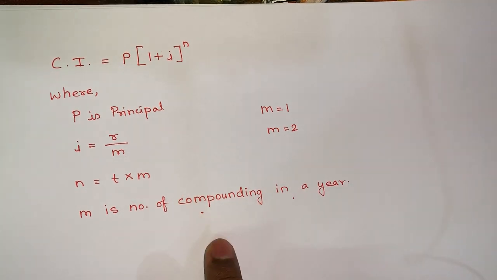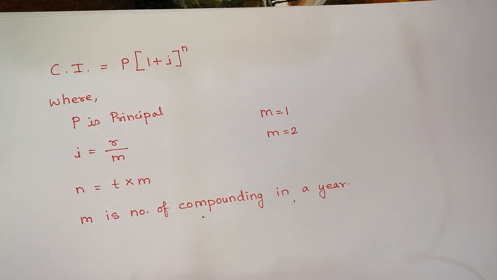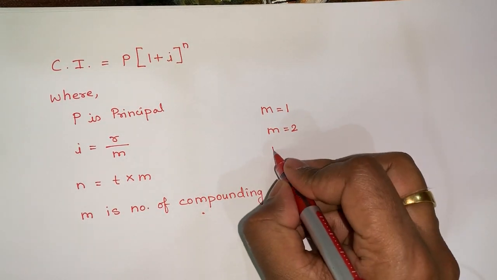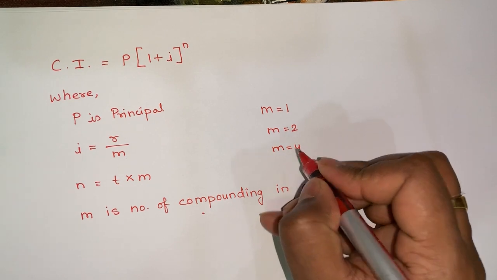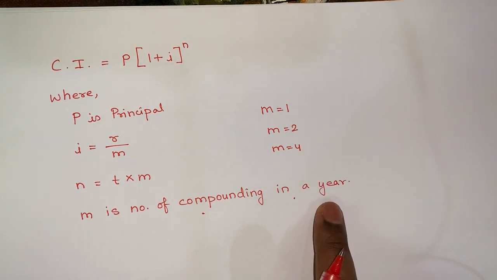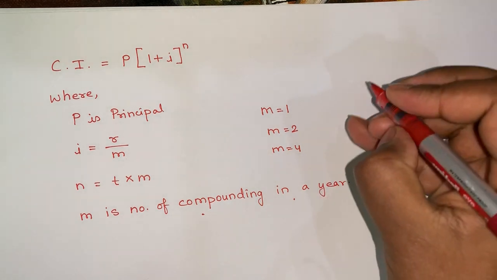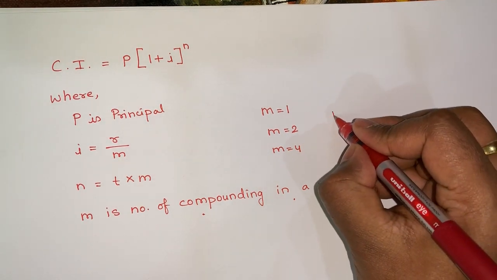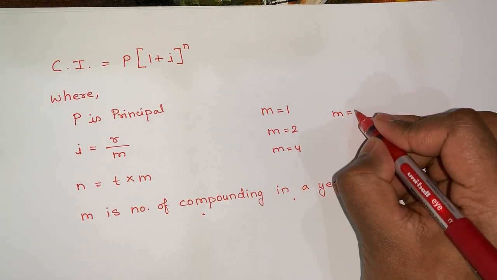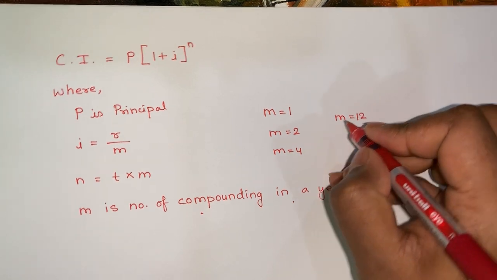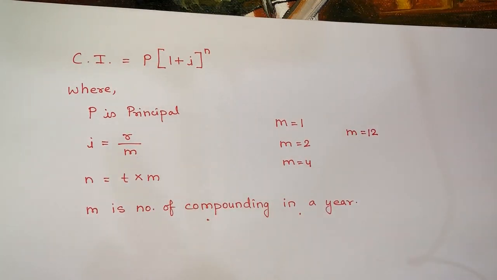If interest is compounded quarterly, M would be 4, because we compute interest 4 times a year, as there are 4 quarters in a year. Similarly, if interest is calculated monthly, M would be 12, because we are computing interest 12 times a year.